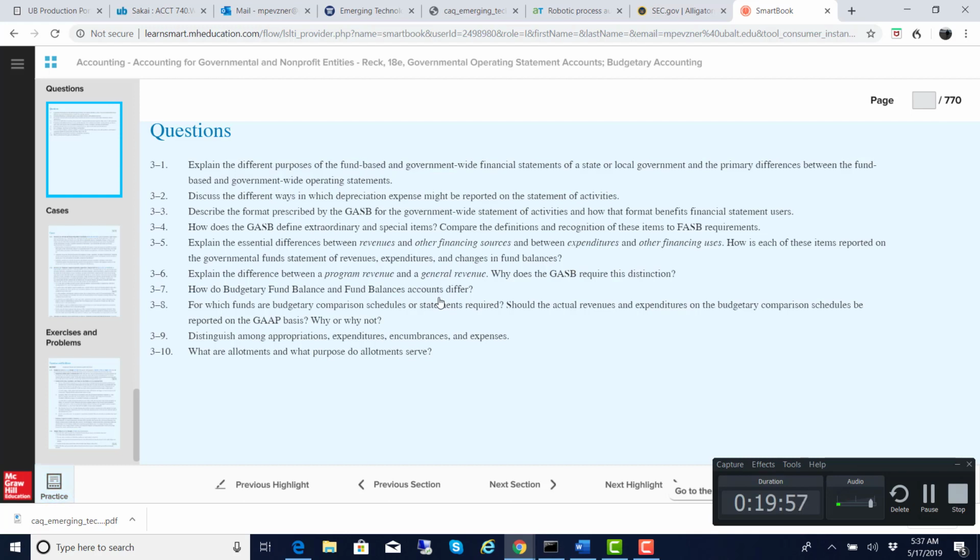The bottom line is the actual amounts reported compared to budgetary amounts reported should follow the same basis. You should compare apples and apples. So if the budgeted accounts follow accrual, then the actual accounts follow accrual. If the budgetary accounts follow the cash basis of accounting, then the actual reported amounts for comparison purposes should follow the cash basis of accounting.